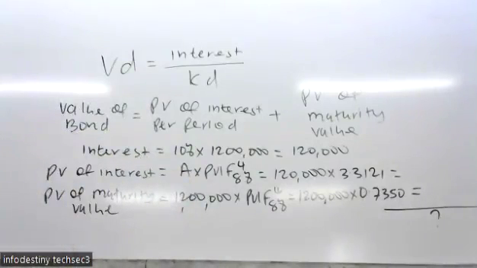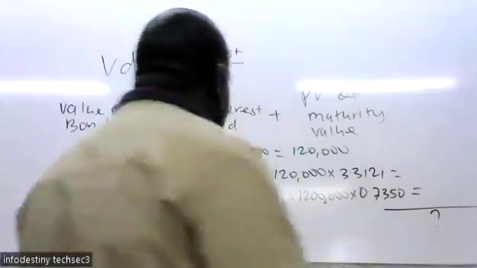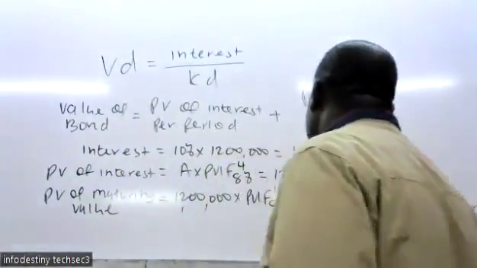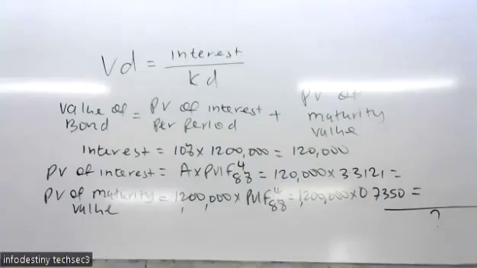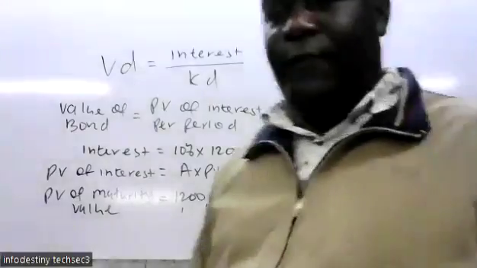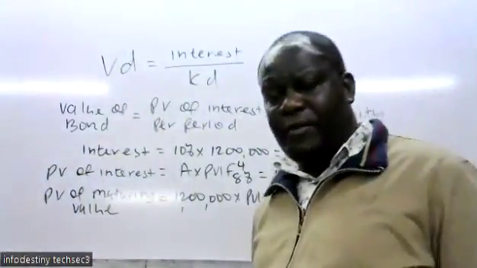So it's living ratio. So you are getting a total of 1,279,452.